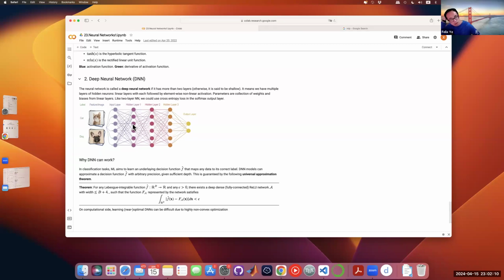In order to process it well, you probably need thousands or tens of thousands of neurons in each layer, in layer 1, layer 2, and layer 3. As a consequence, using an MLP to process that, we will have way too many neurons.